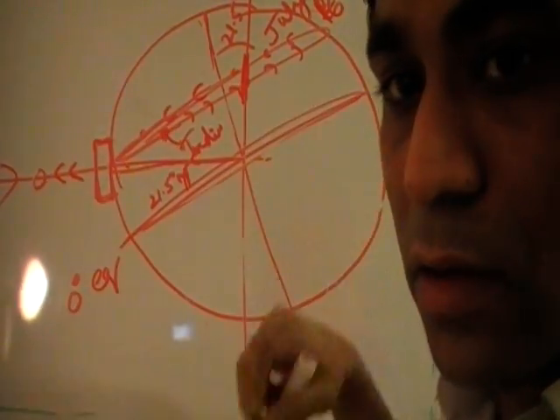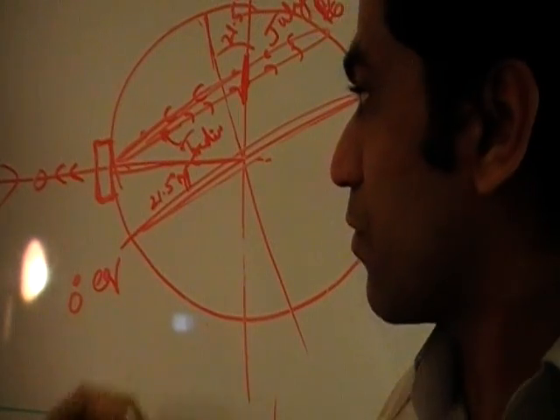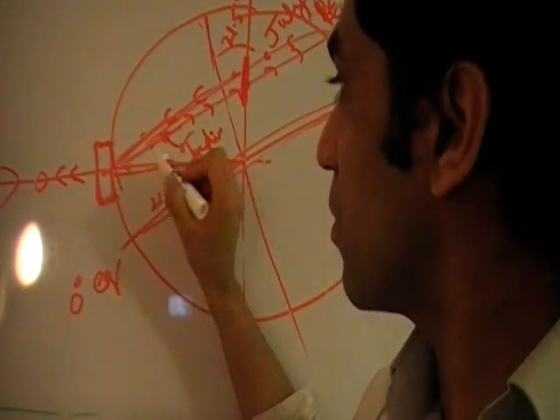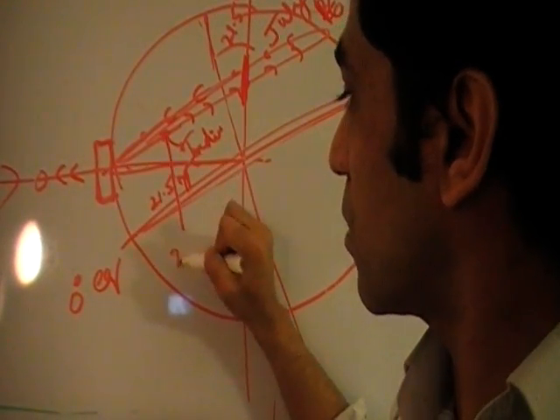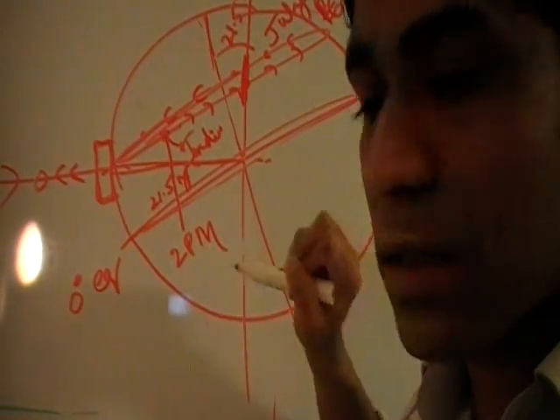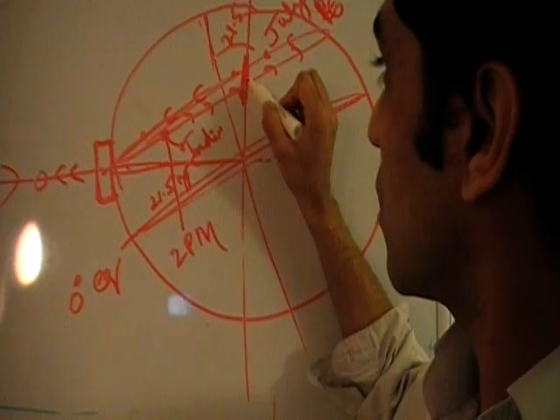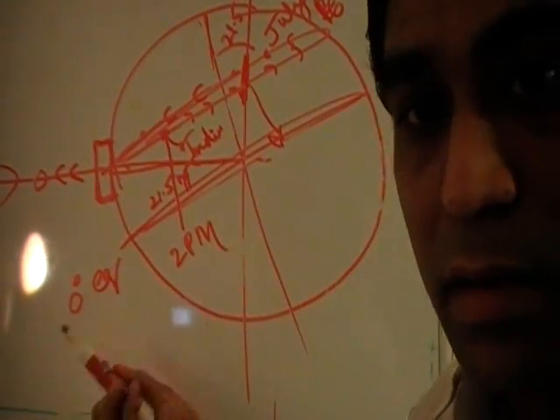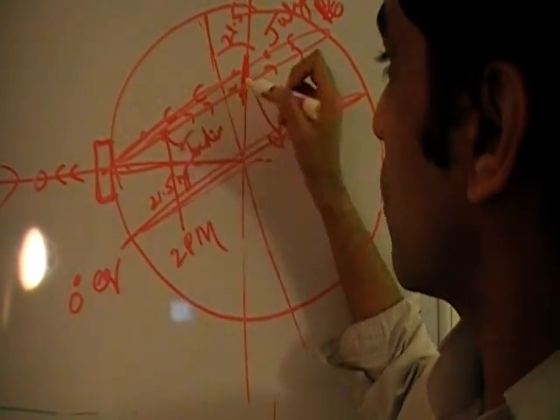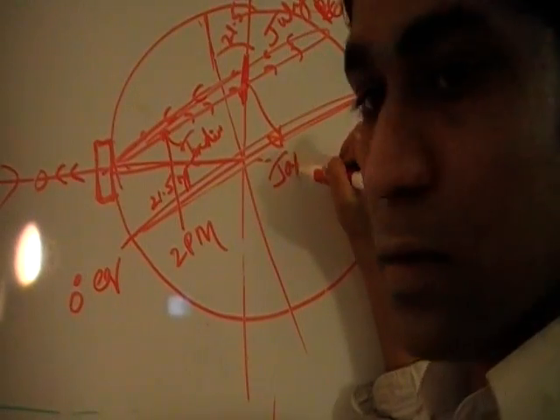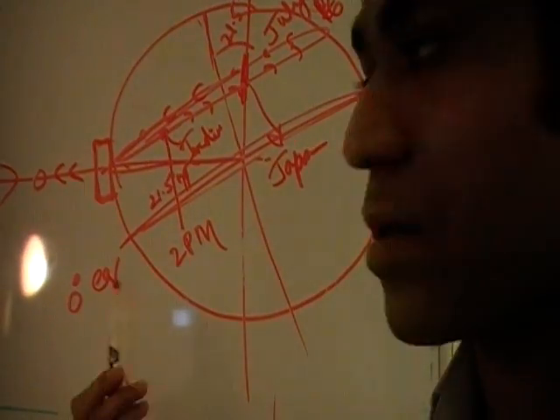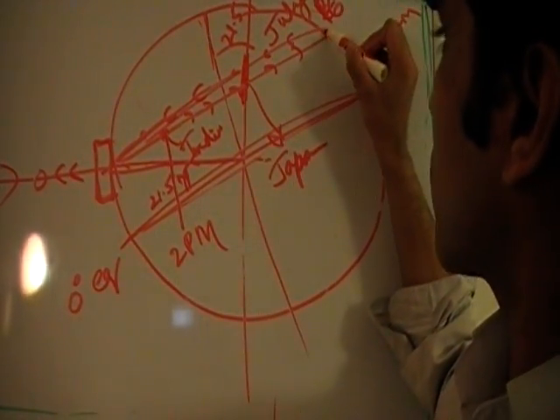We know India is east of Saudi Arabia, and if it is 12 noon in Saudi Arabia, it will be around 2 p.m. here, right? And if you go further east, maybe it will be Japan, even further east. Then comes the extreme here.